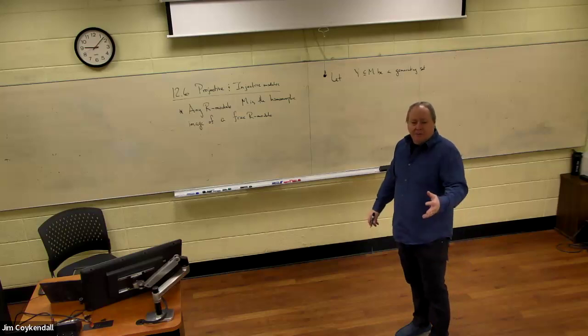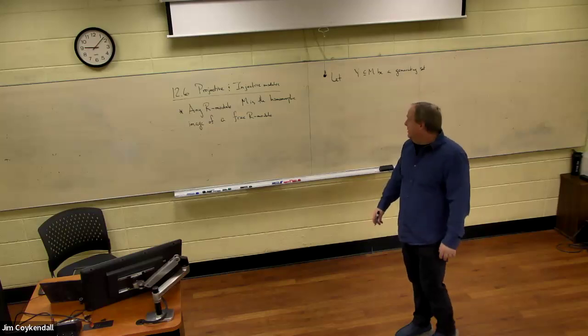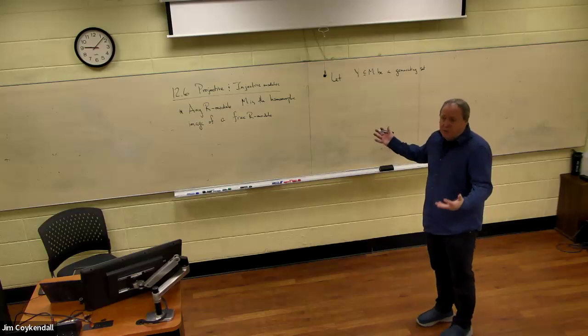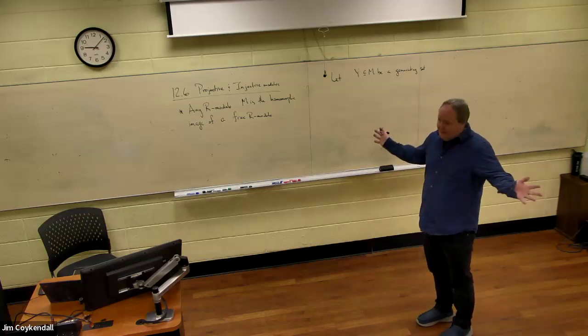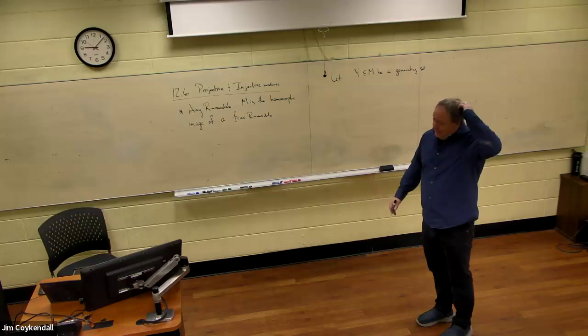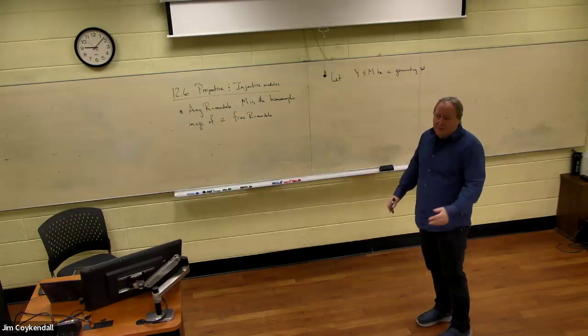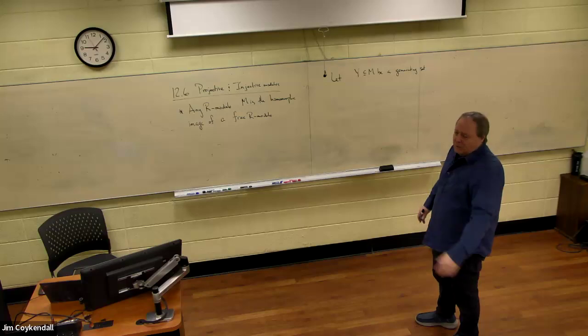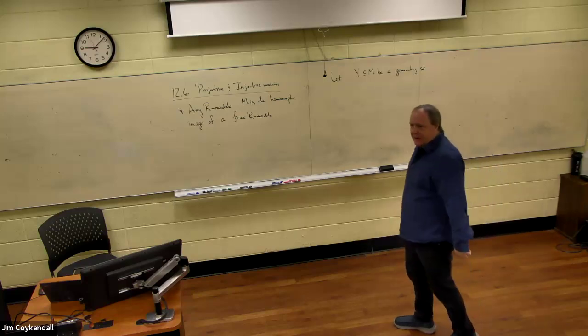If you're a lazy person that doesn't want to think critically, one thing that you could pick for Y is the whole thing. You can pick all of them. Certainly all of them generates M, right? But you might be able to find one more economical. So I'm going to leave you with that option.